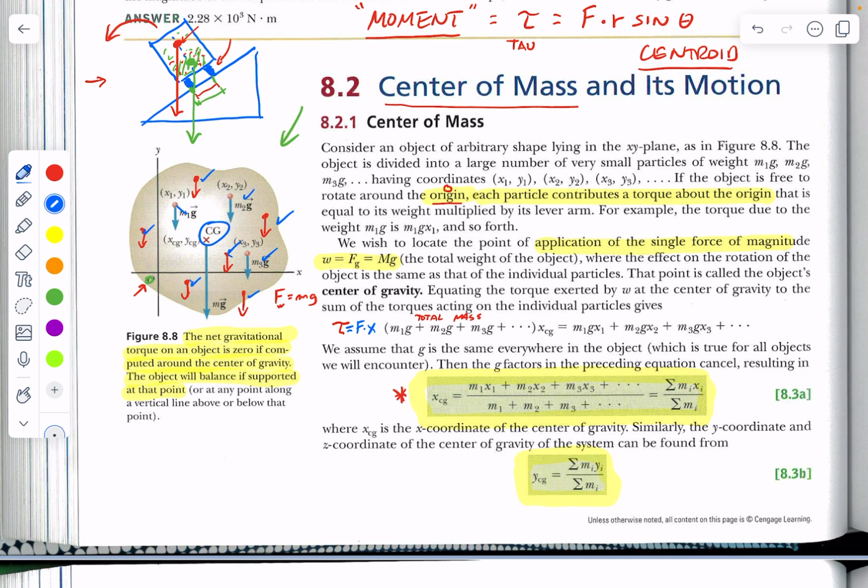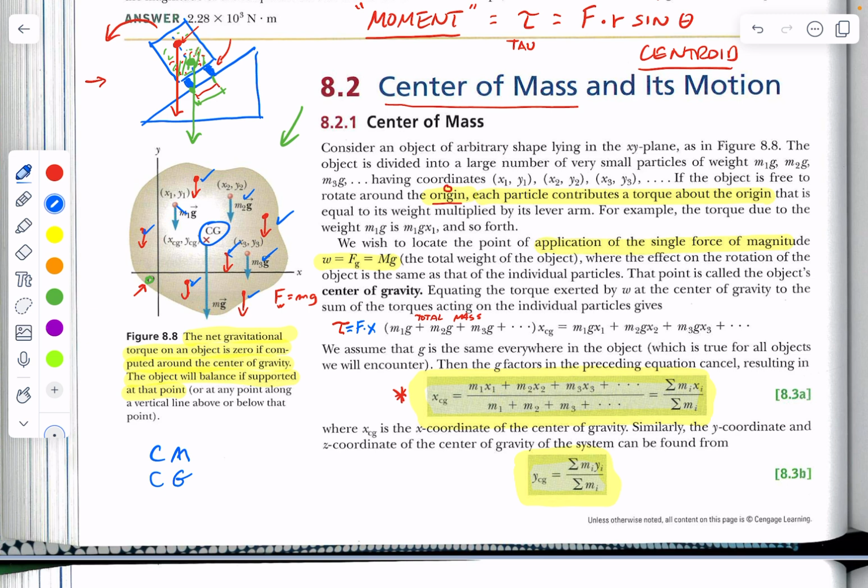Plus, as long as my object is not gigantic, like an irregularly shaped asteroid that might have a variation in gravity from one place to the other, the gravity is going to be the same everywhere, at least to 3 significant digits, and we can ignore the gravity. So sometimes we talk about the center of mass instead of the center of gravity, and I'll probably use those terms interchangeably during this screencast.